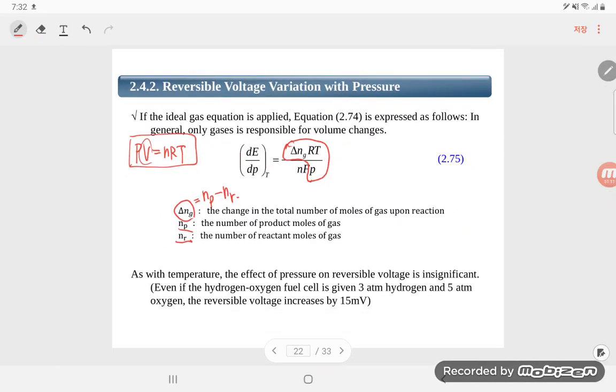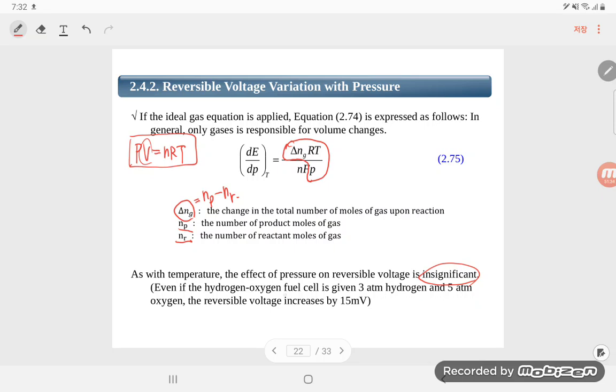So if you insert the pressure here, as with the temperature, the effect of pressure on reversible voltage is insignificant when you calculate it. I will not calculate it, but just calculate it by yourself.